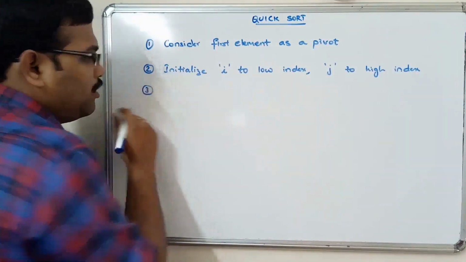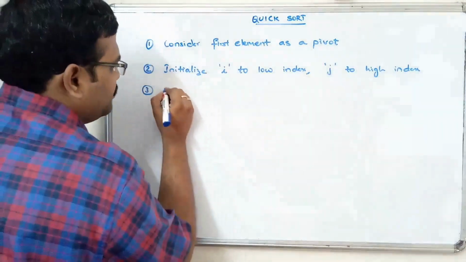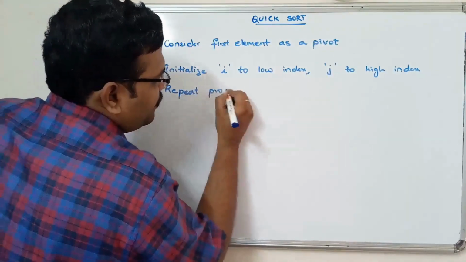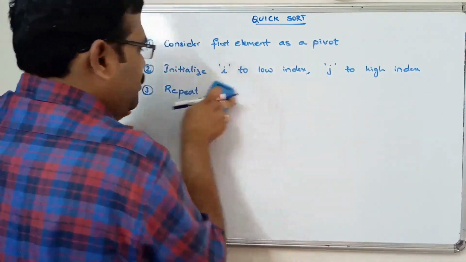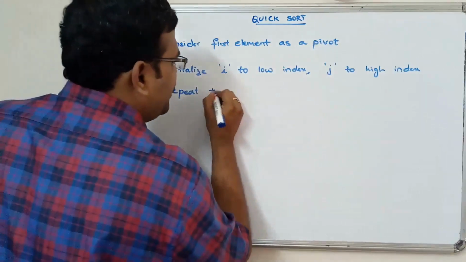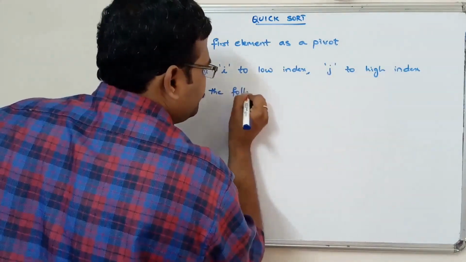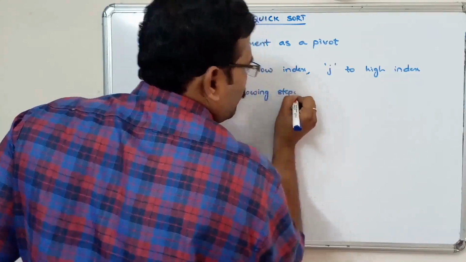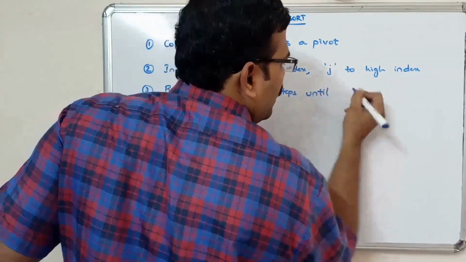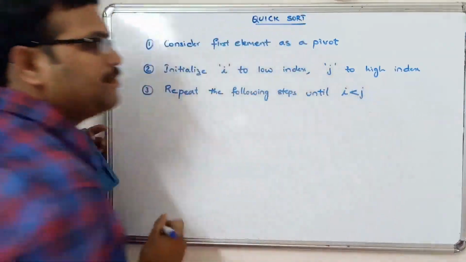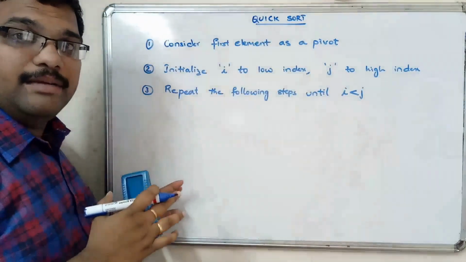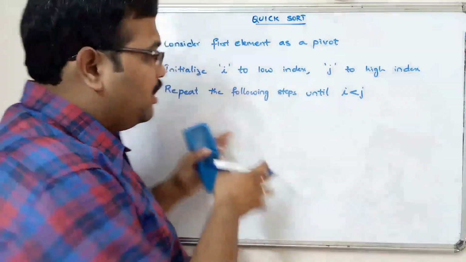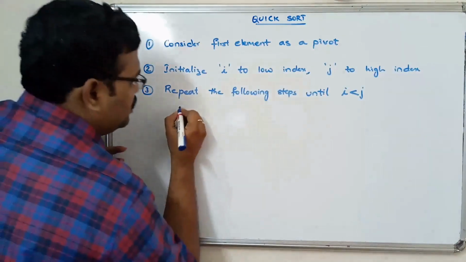Next, we have to repeat the following steps until i is less than j. Until the condition is true, we have to repeat the following procedure.